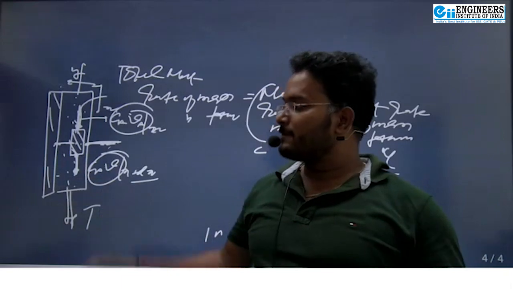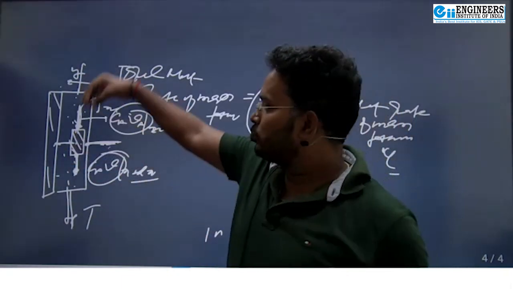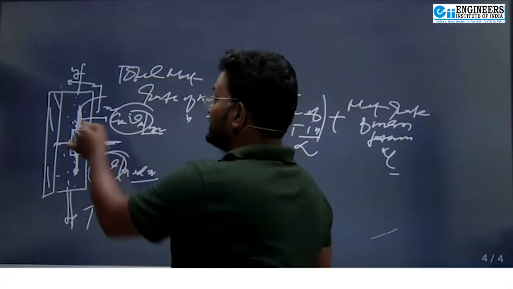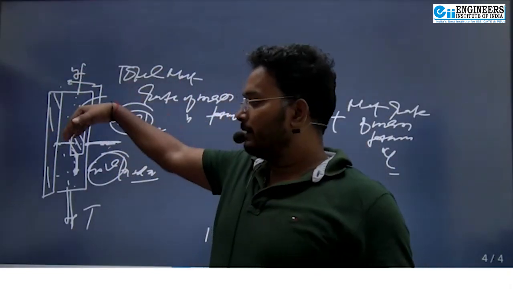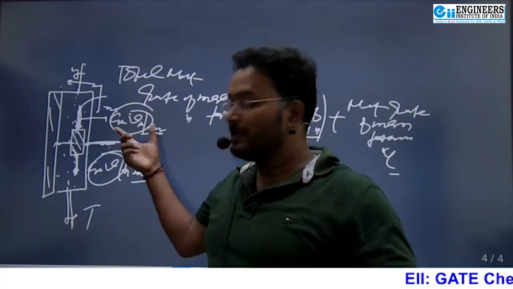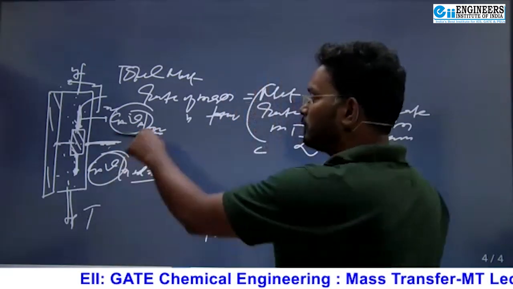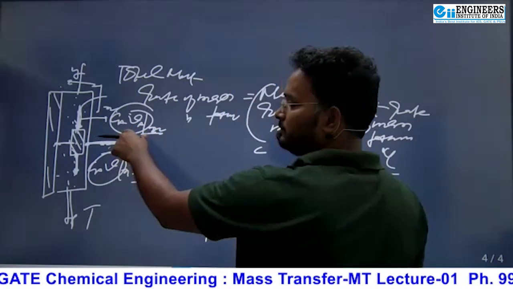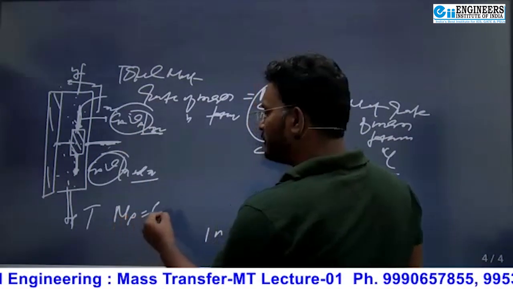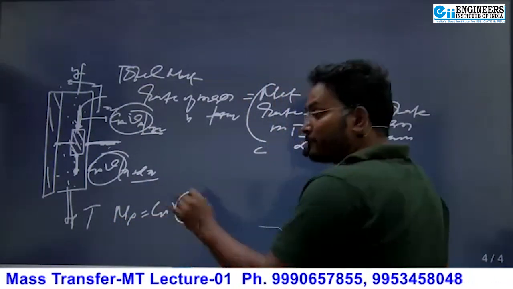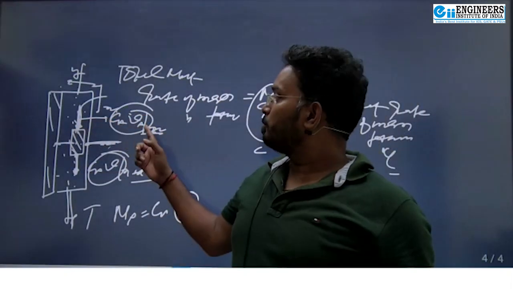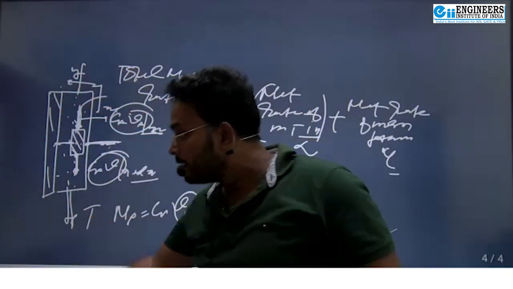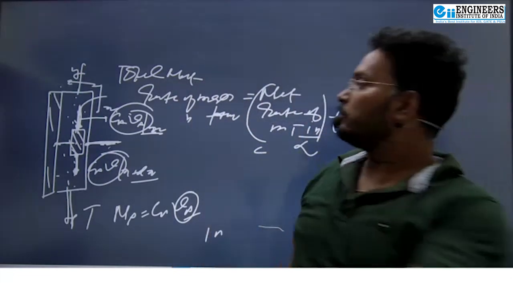In species balance, due to bulk flow, VA is the velocity of the fluid. Here NA is equal to CA into VA only. So the meaning is the same. The NA that I defined, CA into VA, VA was the absolute velocity of molecules there. Here it is the velocity of the whole liquid, so we will use CA into V average here.